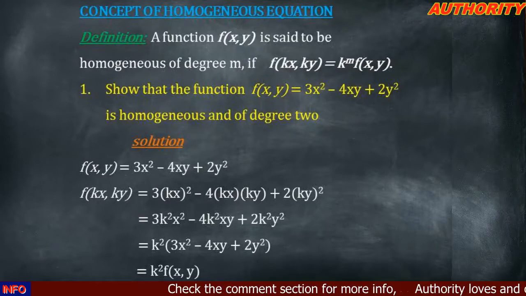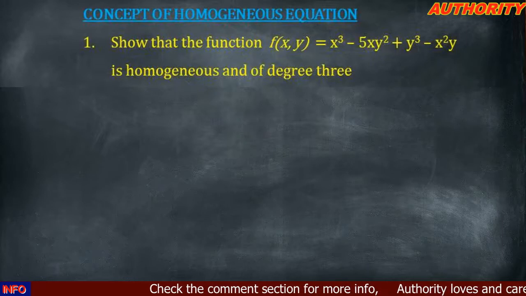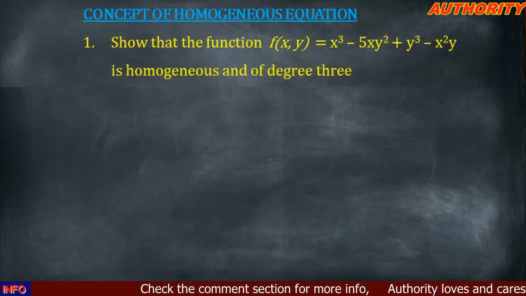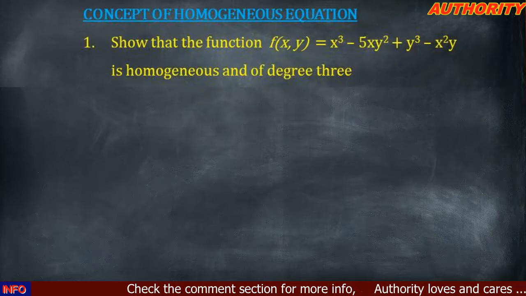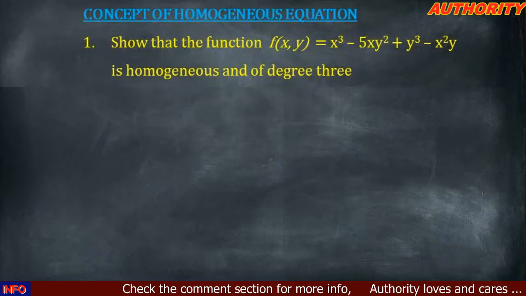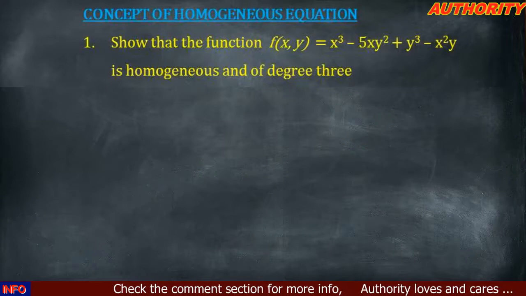Now let's take a look at the second example. The second example says, show that the function f of x, y equal to x cubed minus 5xy squared plus y cubed minus x squared y is homogeneous and of degree 3.